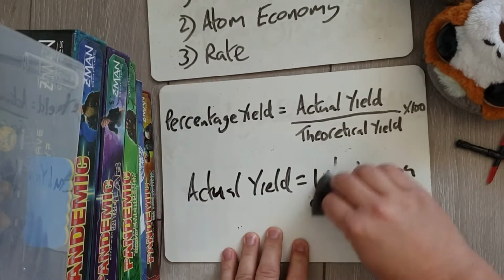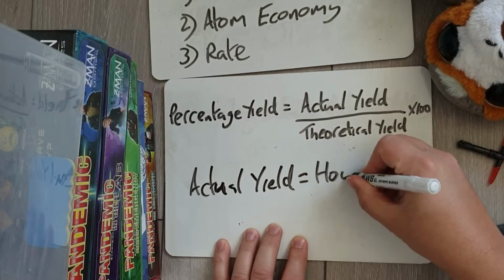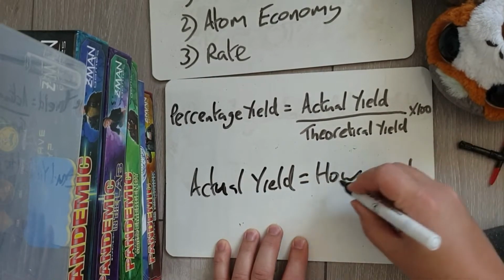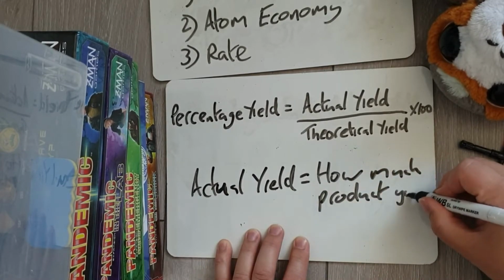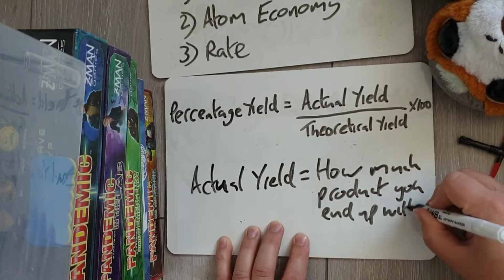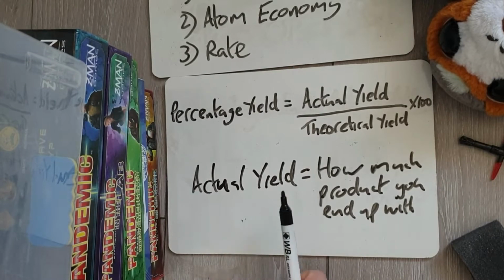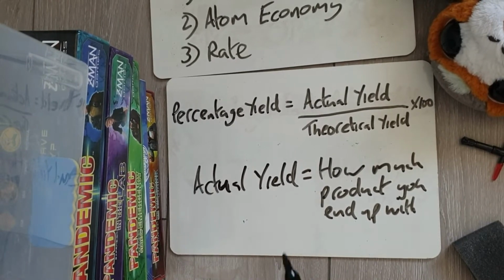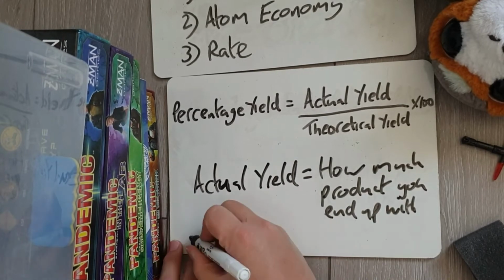The actual yield is how much product you end up with. So however much product you end up with, that is your actual yield, because it's the yield that you actually got. Clues in the name.